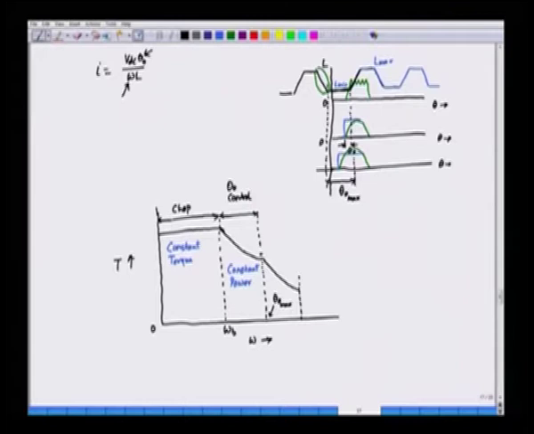So, constant power is T omega is constant, and this region is called T omega square constant, and here we have to stop it at a speed called the critical speed.